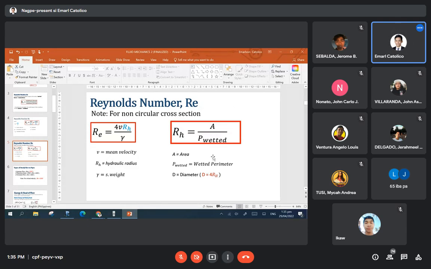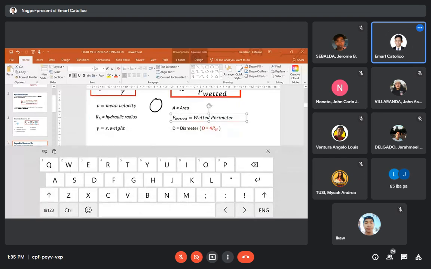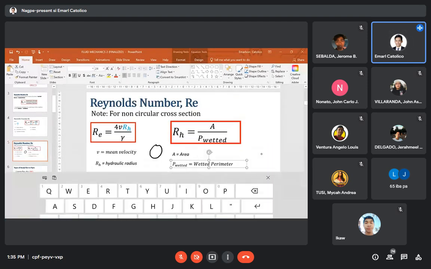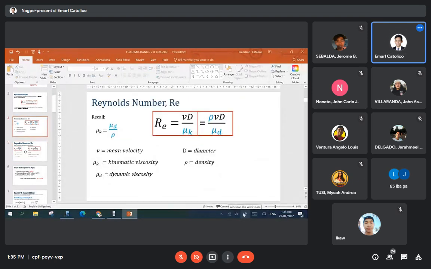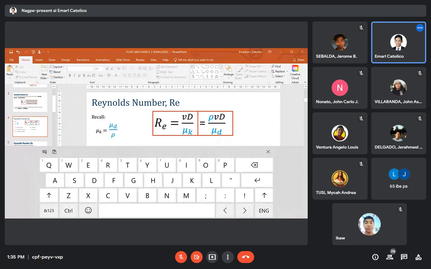Okay? Like for example, meron kang sphere.